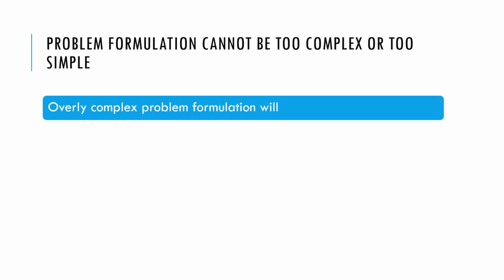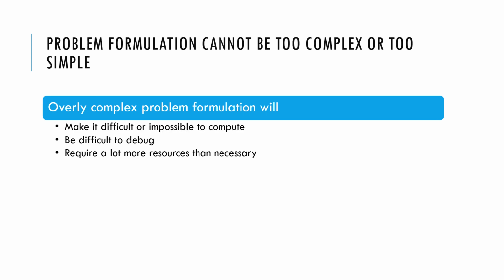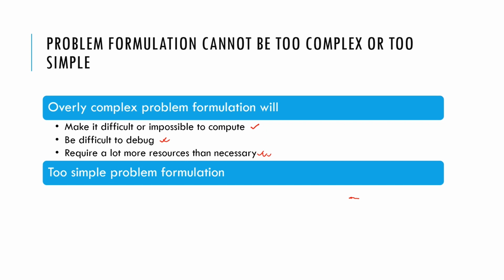Overly complex formulation will make it difficult or impossible to compute. This is very real. It will be very difficult to debug, and it will also require a lot more resources than necessary. Too simple a problem formulation, on the other hand, can completely lose the physics that we are actually interested in.